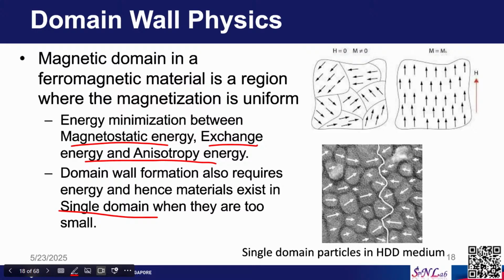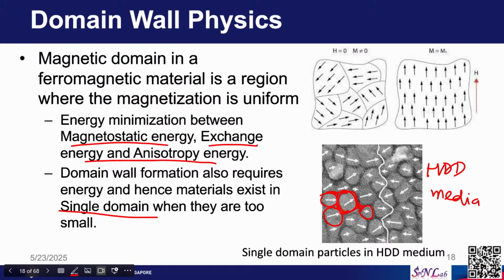So, in magnetic recording media, in hard disk media, we have tiny grains separated by some grain boundary. Okay. So, there are grain boundaries which separate the tiny grains, and in these tiny grains the exchange energy and anisotropy energy will get larger.